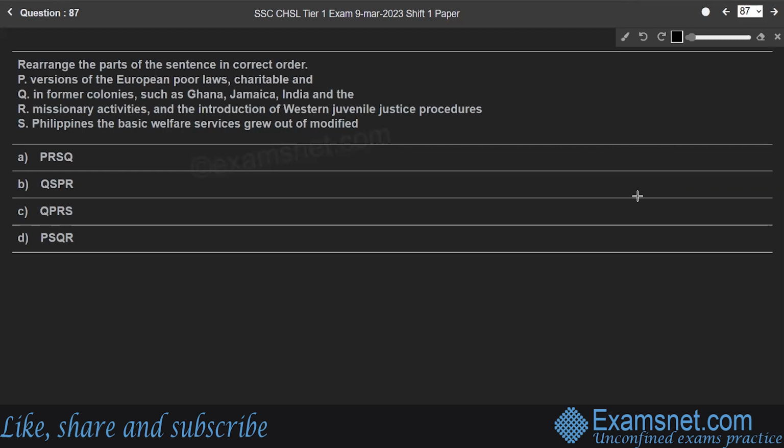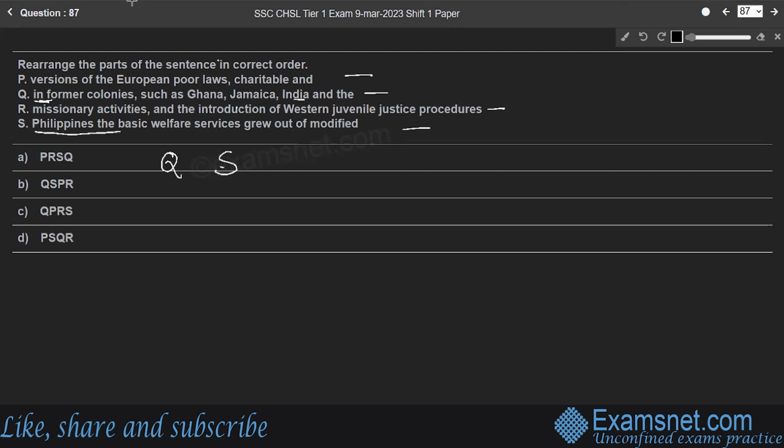Question 87. Rearrange the parts of the sentence in correct order. So here are 4 parts of a sentence, right? We have to arrange it properly so that it forms a complete sentence. So we'll begin with Q, right? So it makes sense here. So Q. In former colonies such as Ghana, Jamaica, India, and the Philippines. So S, QS.